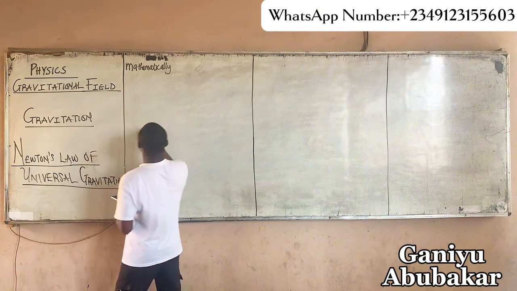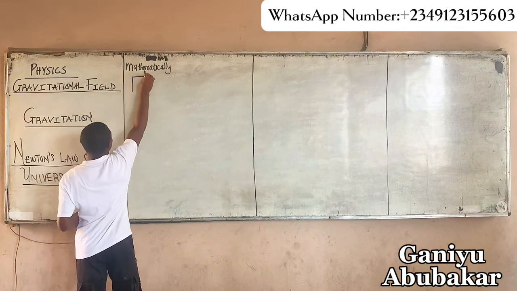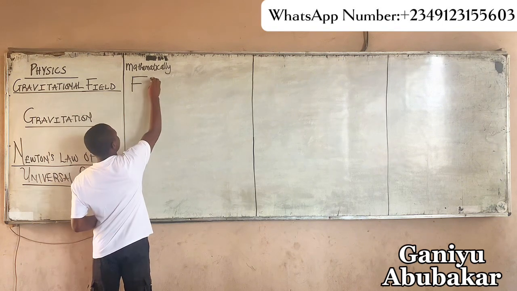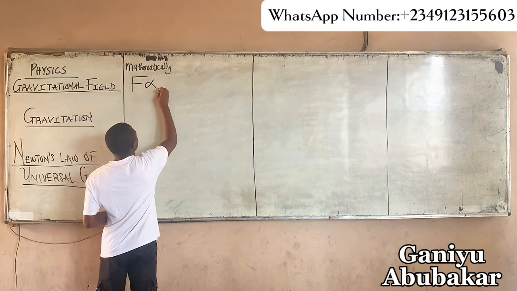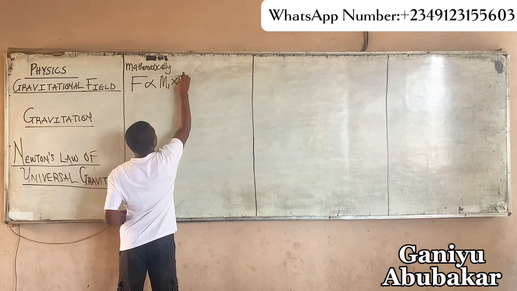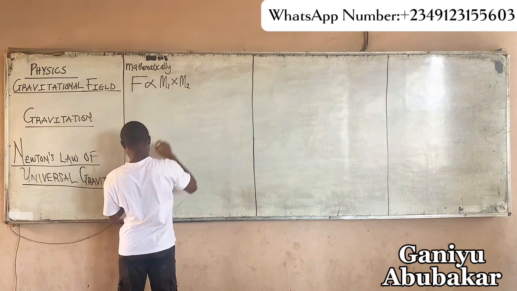So the force of attraction, that's F, capital F for force, between two masses is proportional to the product of the masses, that's m1 times m2.